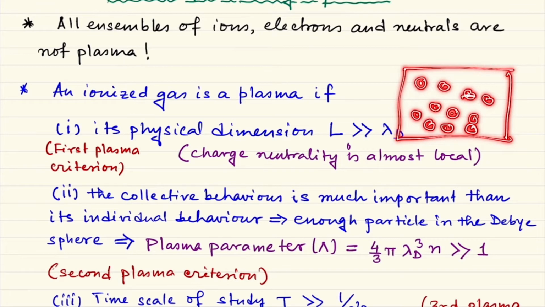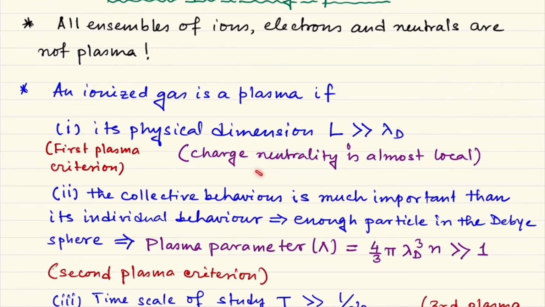Over that length scale, if you can expect charge neutrality, then you can say that your system is locally also charge neutral. Of course it is quasi neutral, as I said, meaning the charge density should be roughly zero, negligibly small, and not exactly equal to zero. If it is exactly equal to zero, that's a bonus, but in general it is not really necessary.